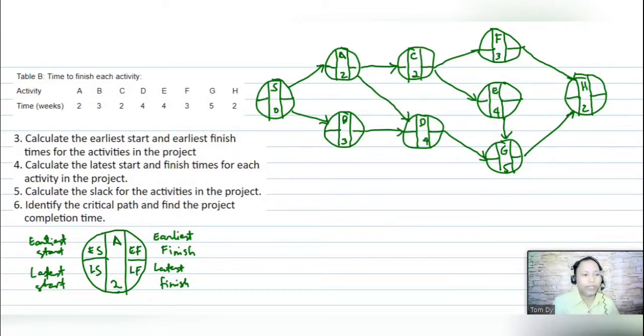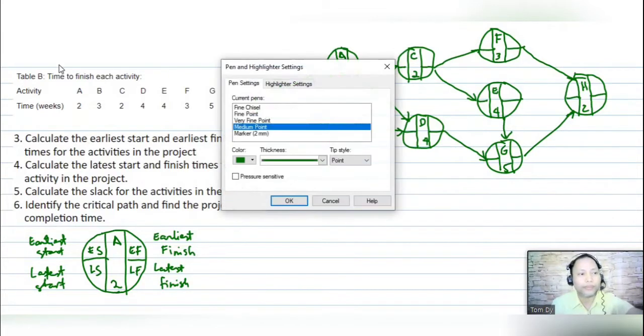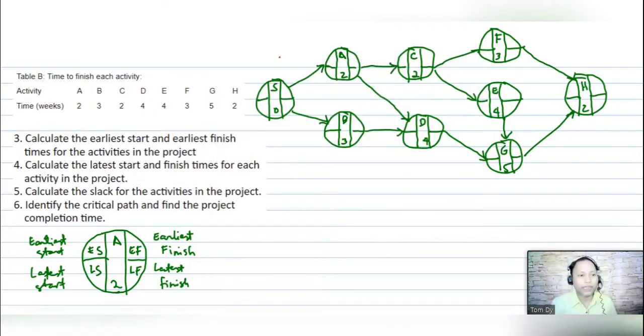Now, first is to calculate the earliest start and earliest finish. So I will change my color of pen. I will make it red so that we can distinguish. Okay. Now, when we calculate the earliest start and earliest finish, we will make use of what we call the forward pass.